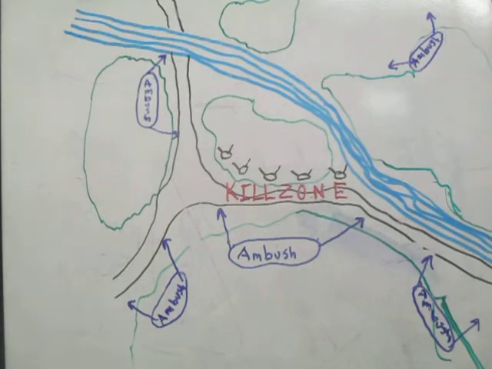The outlying ambushes are permitted to attack targets approaching the central killing zone, if within their capabilities. If too large for that particular outlying ambush, the target is allowed to continue and is attacked in the central kill zone.